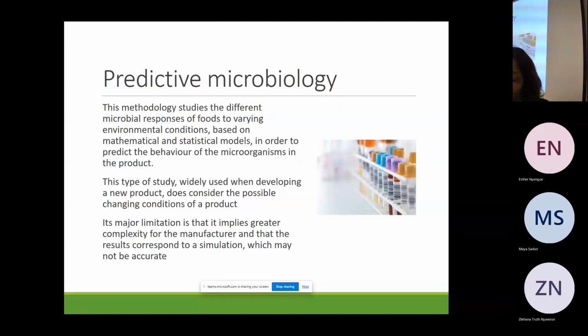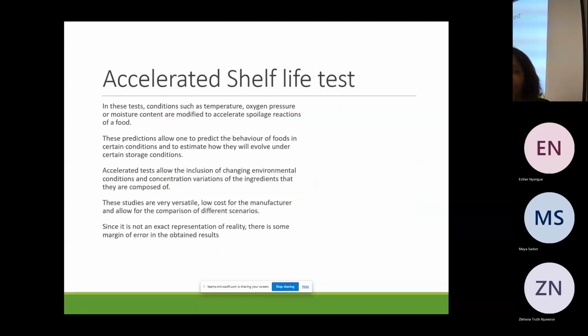So this method is widely used when developing new products and does consider the possible changing conditions of a product. The major limitation is that it implies greater complexity for the manufacturer, and that the results correspond to a simulation rather than the real-life scenario.